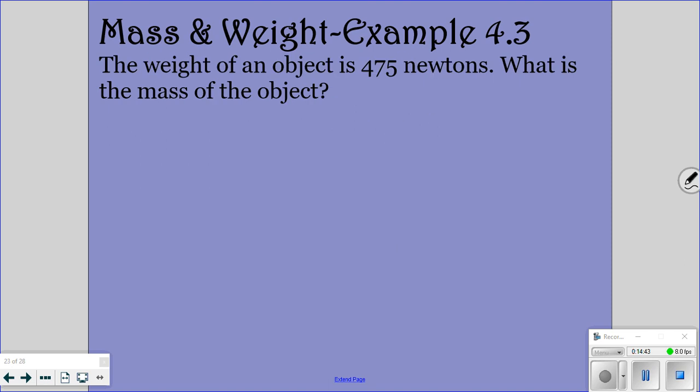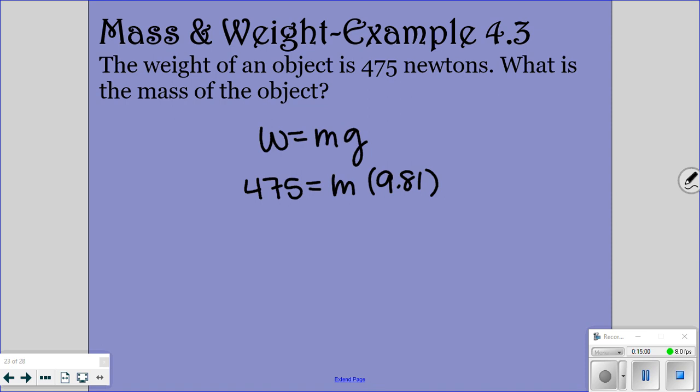And so that would be your answer. Okay. The weight of an object is 475. What is the mass of the object? So again, we're going to use our formula. They tell us the weight is 475, so we plug that in. We don't know the mass, and then gravity is 9.81. So then we're going to do 475 divided by 9.81.